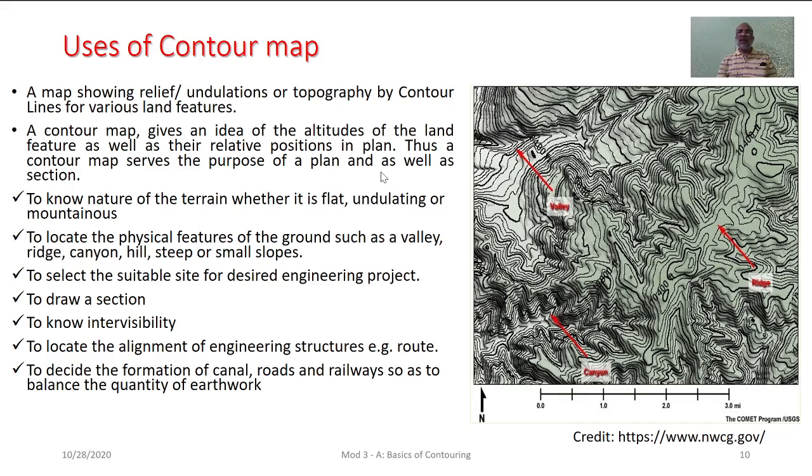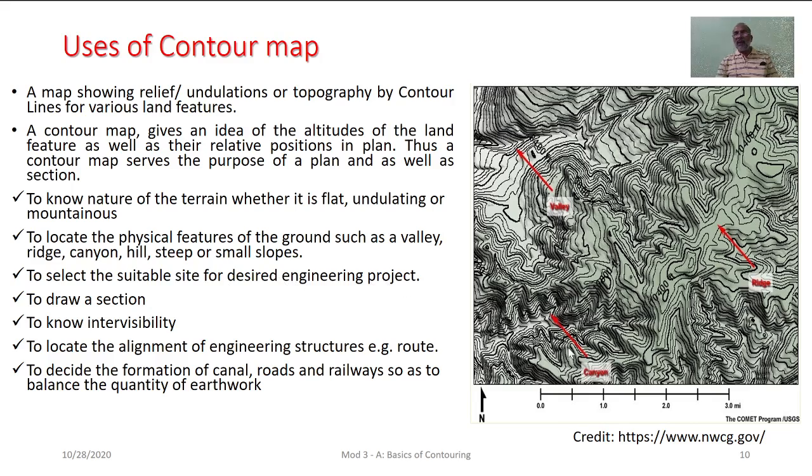The way I have considered this particular map, we can make use of such a map for many purposes. First and foremost, to know the nature of the terrain, whether it is flat, undulating or mountainous. To locate the physical features of the ground such as valley, ridge, canyon, hill, steep slope, small slope, etc. To select a suitable site for a desired engineering project.